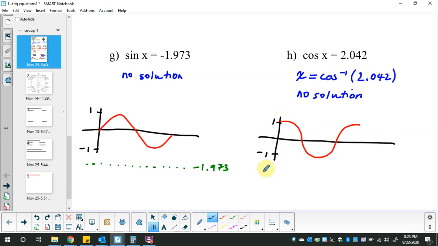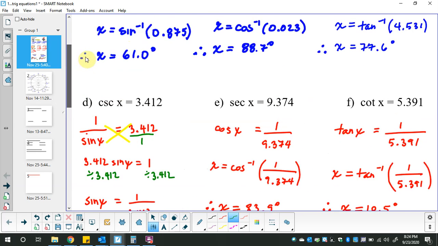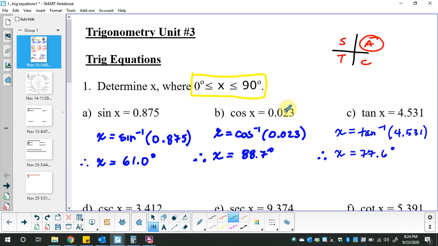So when I ask you about 2.042, it doesn't bump into the curve, so you get no solution. As opposed to this, where if I ask you to draw a dashed line through approximately 0.023, you can see that you get really, really close to the 90-degree mark. So this is what you're doing, only you're doing it with button pushes rather than actually drawing the picture.